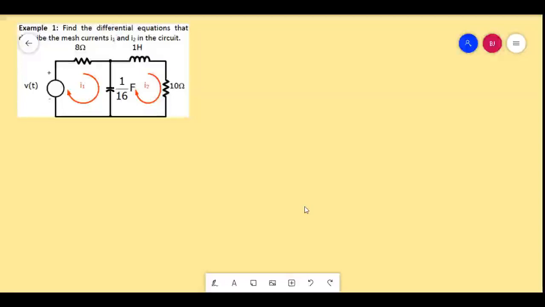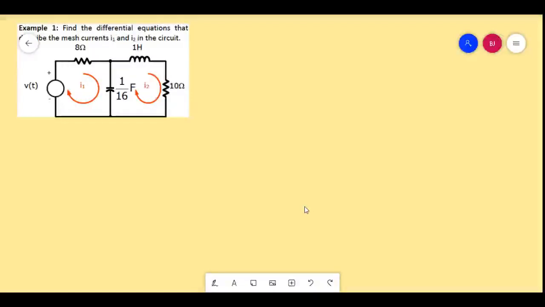We have our first example here, in which we are to model I1 and I2 as differential equations using, in this case, mesh analysis. Once we have modeled I1 and I2 as differential equations, we could use those to get the voltages or individual currents for the components.